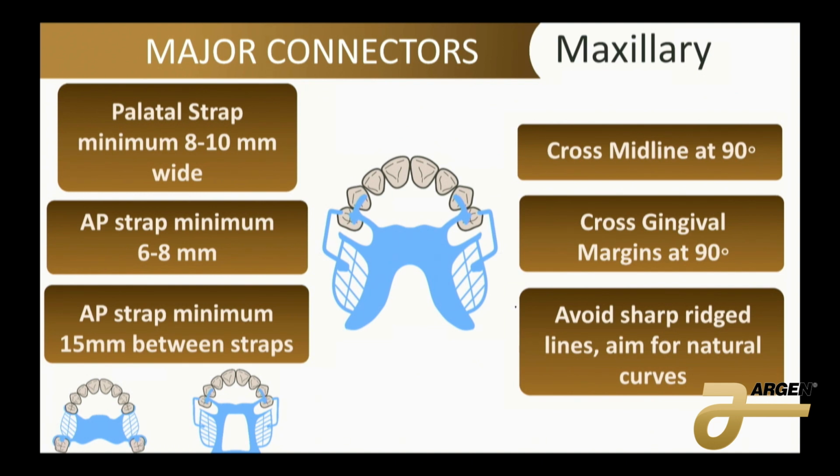When you're drawing your spline, you want it to be in a natural shape. Curves, rounded edges, because in your mouth there are not hard, jagged angles. So we want this to feel as natural as possible. So to do that, make sure you're making it curvy and nice and smooth. You can still cross the midline at that 90 degrees, but you want it to have some softness to it.